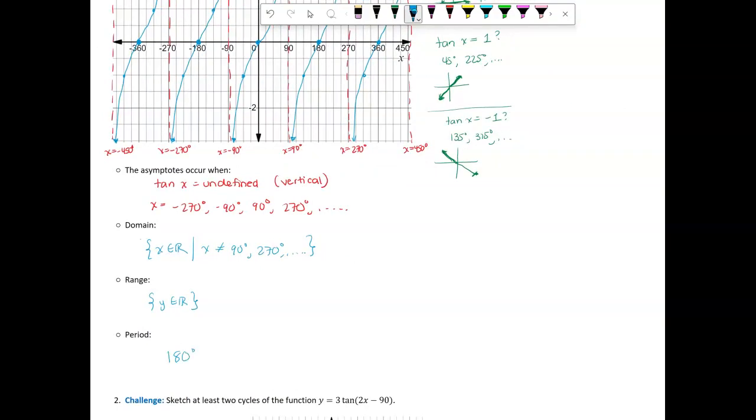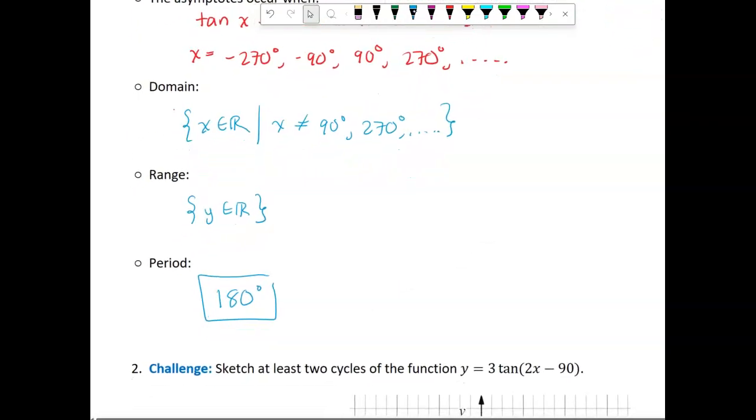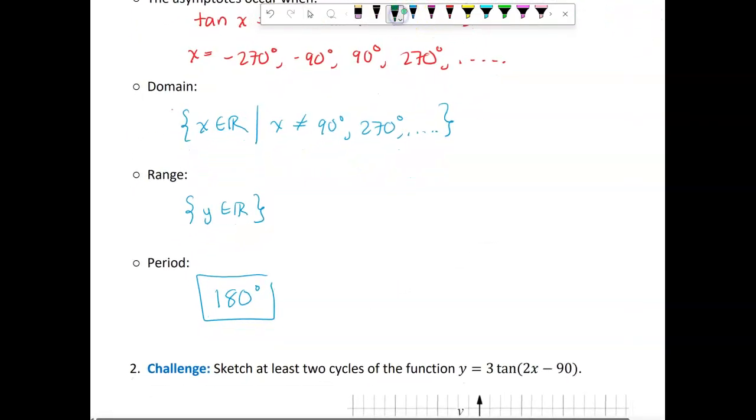Okay? If you remember, this is very different than when we talk about sine or cosine. For sine and cosine, the periods happen every 360, and so whenever we had to write the equation, it would be 360 over b for sine or cosine.